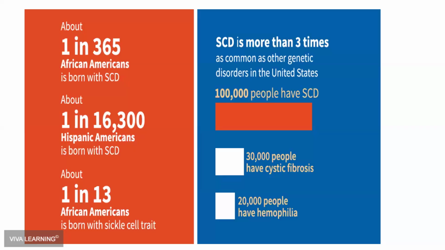It wasn't until 2006 that all 50 states were testing for sickle cell disease. So as you can see, we have 32 years of generations of people who do not know their sickle cell status.